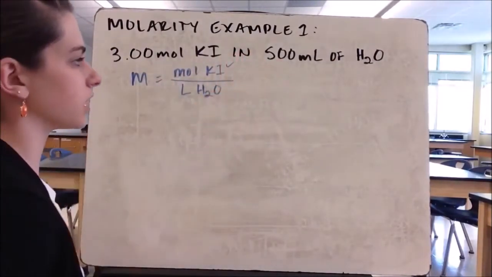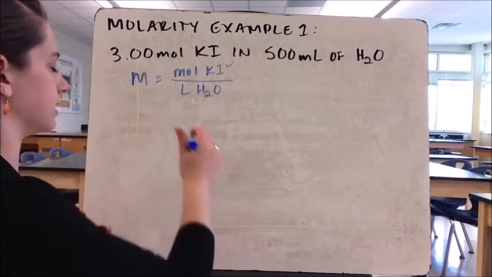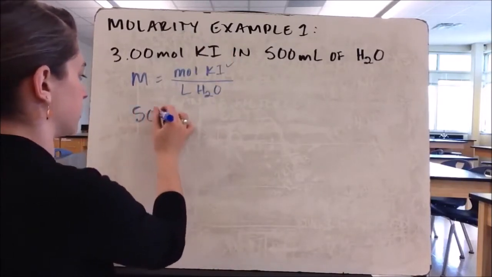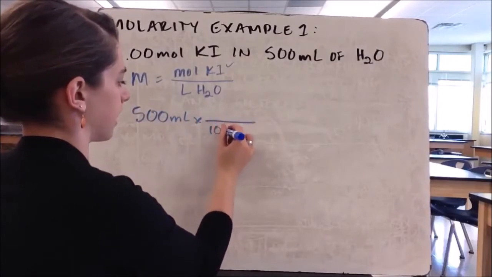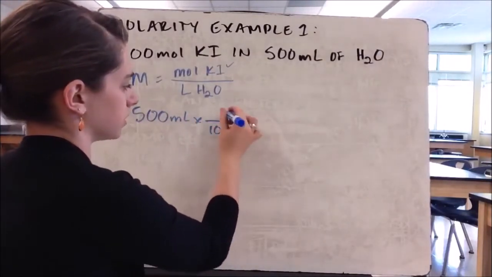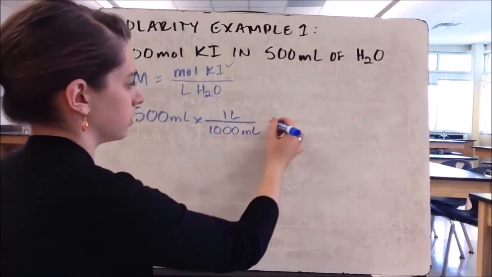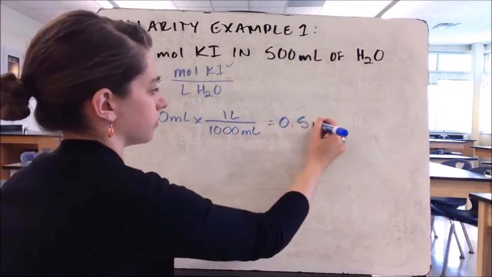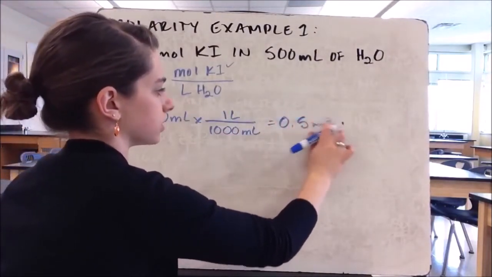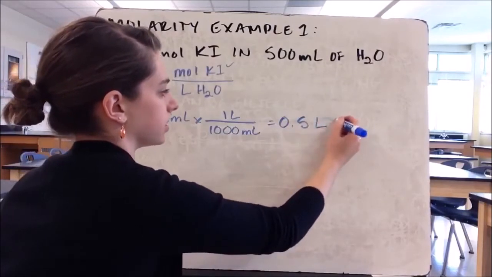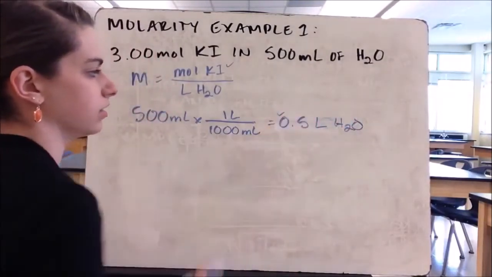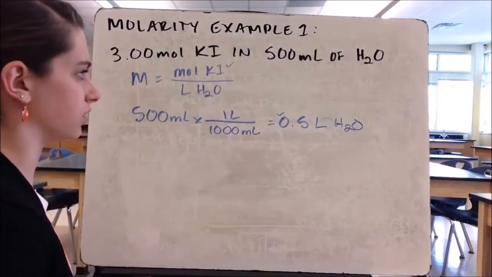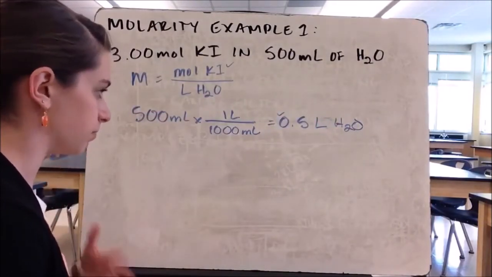I have 500 milliliters of H2O, and I need that to be in liters. So I'm going to take my 500 milliliters. There are 1,000 milliliters in 1 liter, which gets me 0.5, oops, not milliliters, liters of H2O.